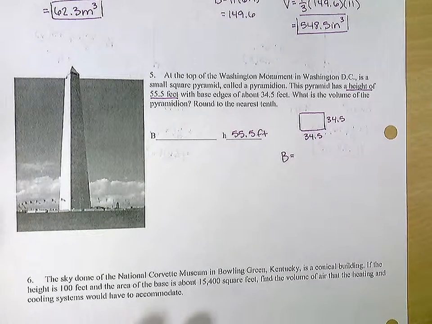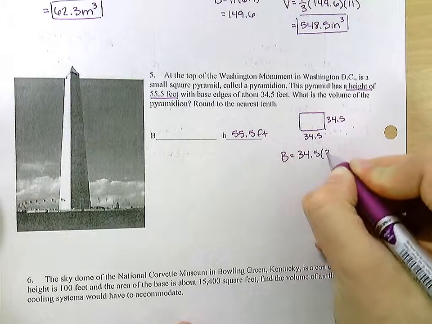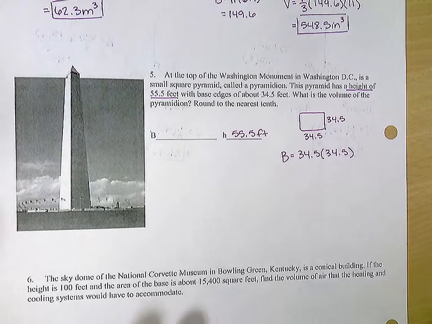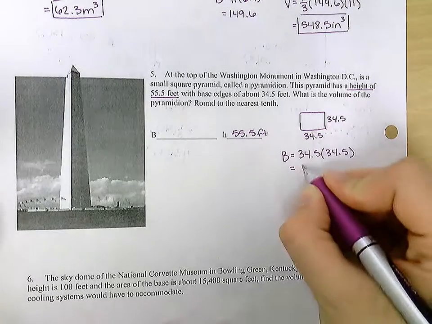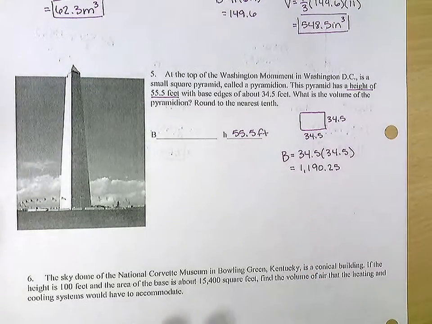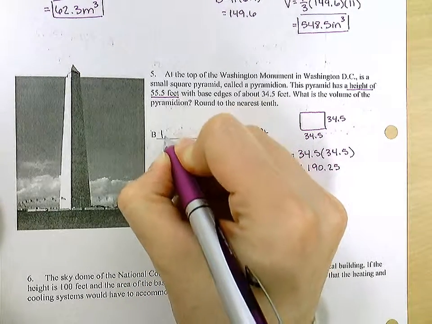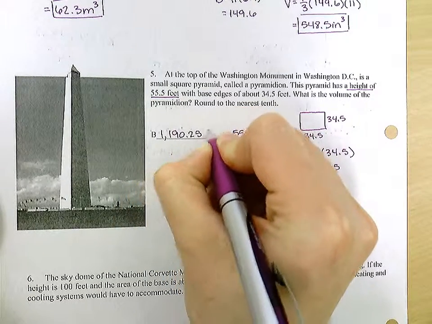I can multiply base times height, so 34.5 times 34.5. So that will be 1,190.25. So our base area is 1,190.25 feet squared.